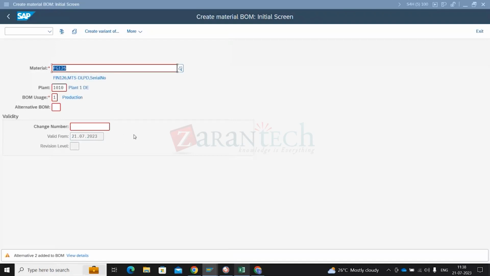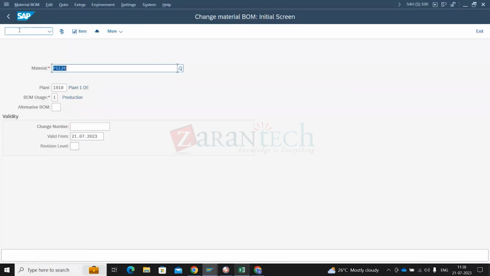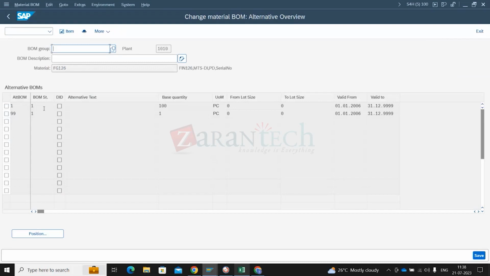Alternative 2 added to the bomb. Why are there some bombs existing? CS02. There should be some bombs pre-existing because 1 and 99 are existing, right? Alternative bombs. So I will create bomb number 2 in that case, correct? Can I delete this?